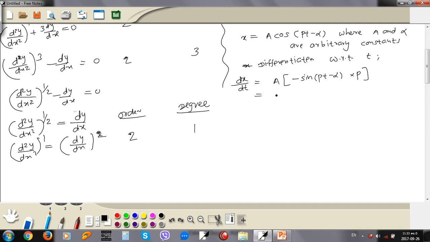So we get −ap sin(pt − α), right? We can differentiate again, because there is again p, and a and p are there.